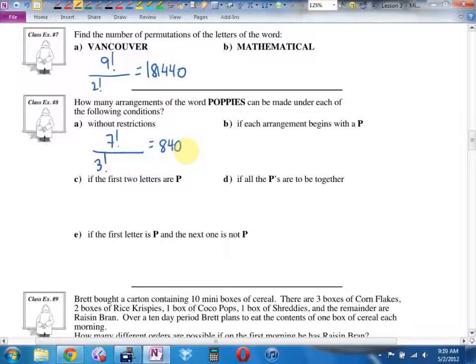If each arrangement begins with a P. Okay. Now we're getting a little weird. I think now I'm going to start falling back a little bit on the fundamental counting principle. I have to start with the letter P. How many choices do I have for that first letter P?